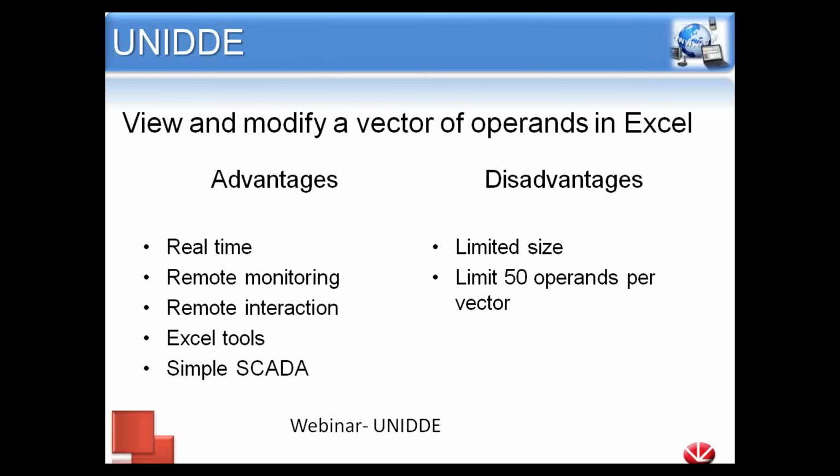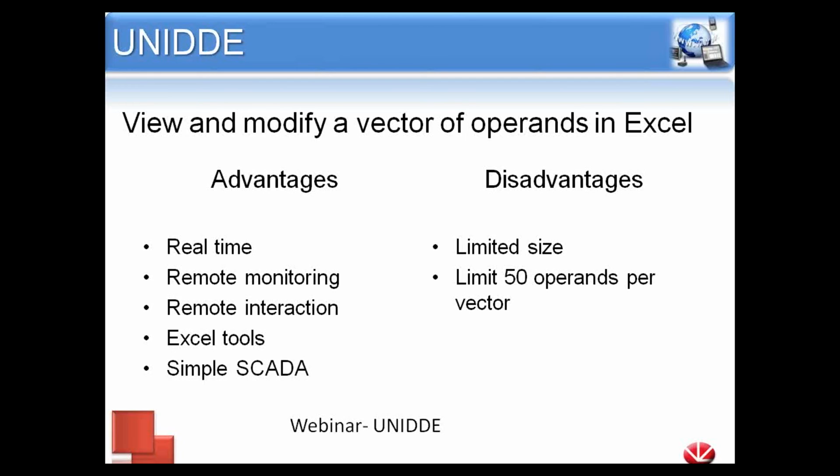The advantages of this type of logging would be that it is in real time. The Excel updates in real time. We can remote monitor the information, meaning we can be far away from the PLC. We just need an Ethernet or serial connection.